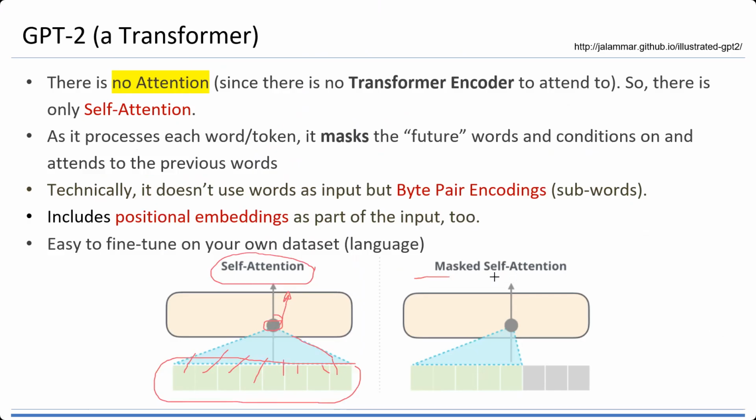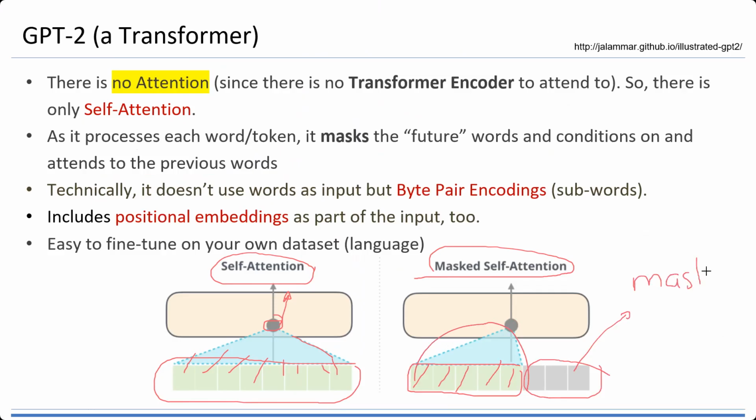But in masked self-attention, we take some of the text or the input, and we keep this part as the mask. And we want to predict what is the possible word for this one, what is the possible word for this one, and what is the possible word for this one.